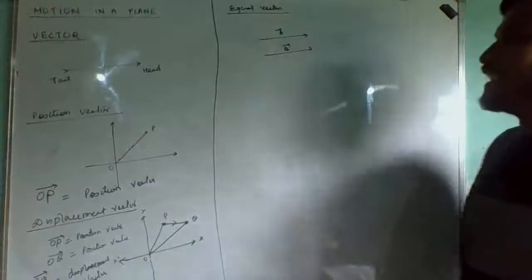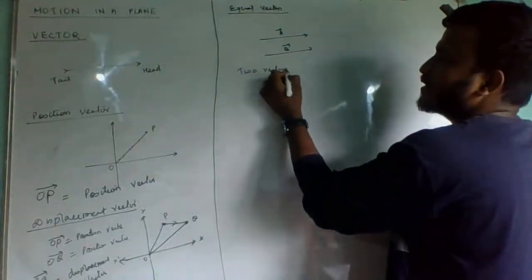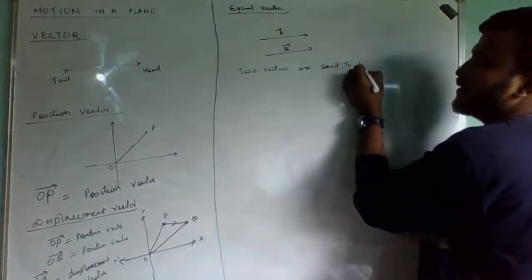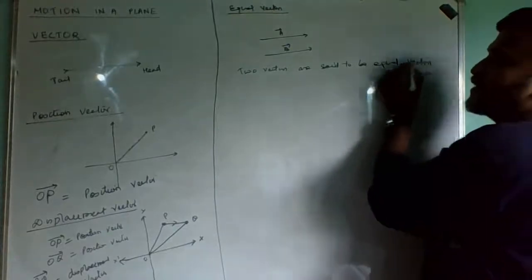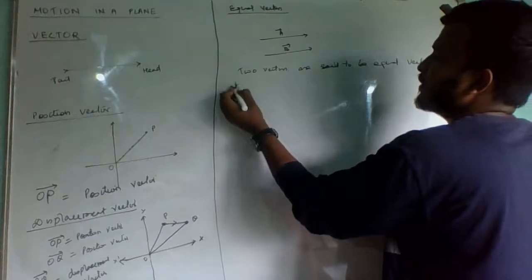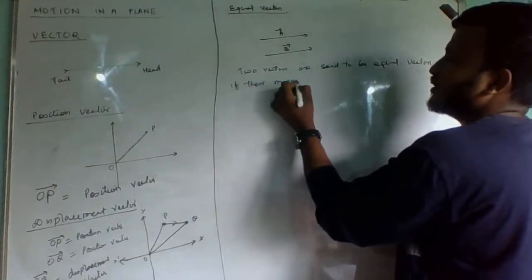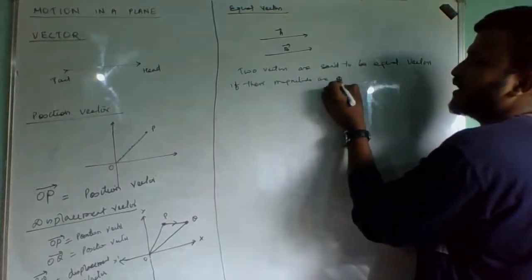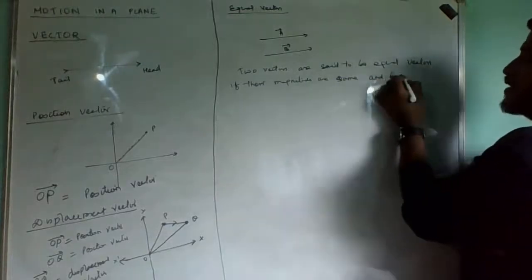Two vectors are said to be equal if their magnitudes are the same and they have the same orientation.